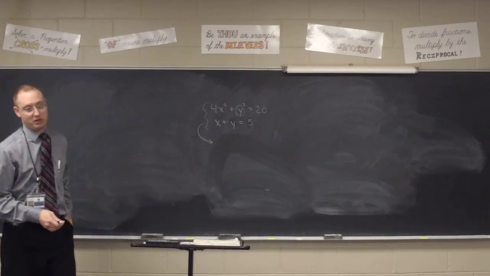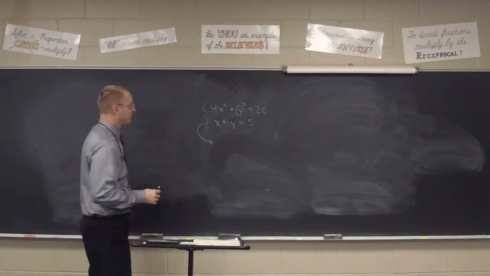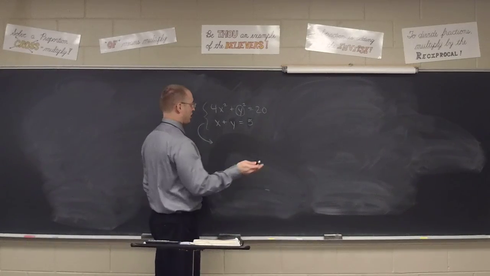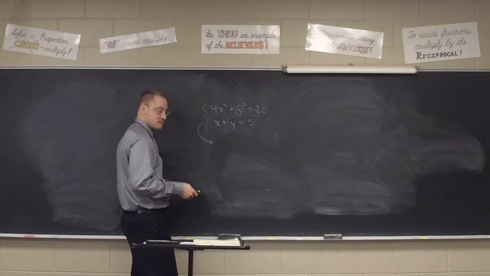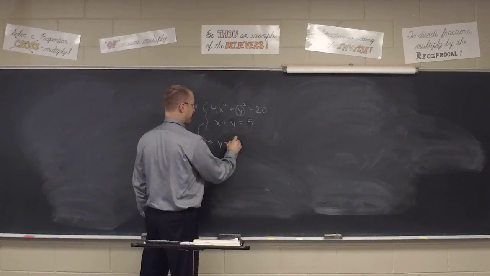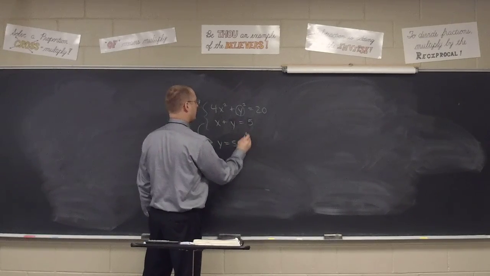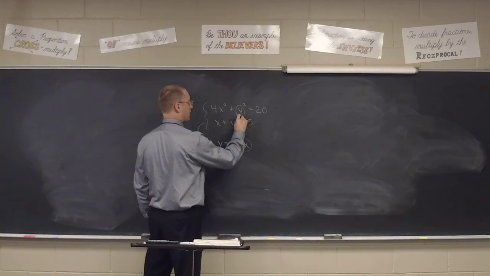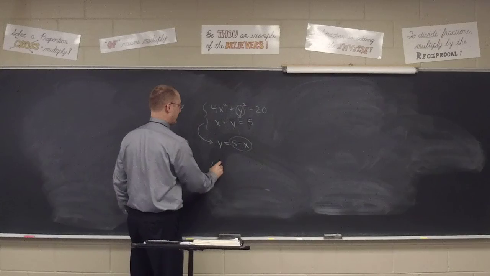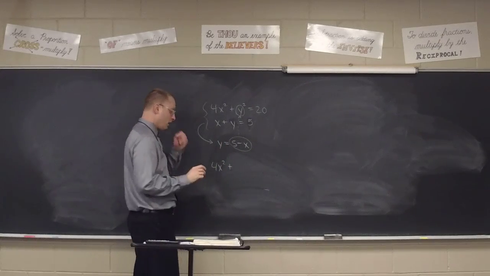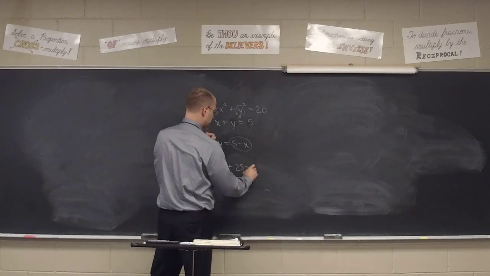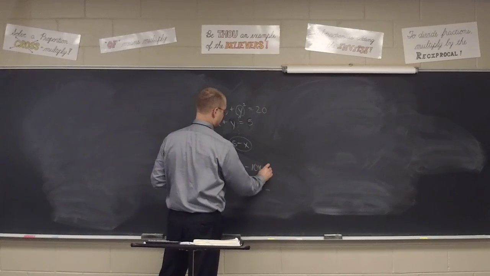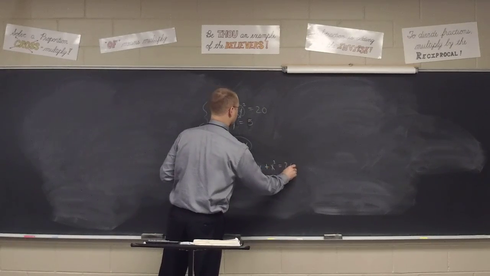Figuratively speaking, of course, we're not really in a boat. We're in a classroom. So once again, let's start by rearranging the bottom equation. y equals 5 minus x. Once again, let's plug the 5 minus x in for the y to get 4x squared plus 25 minus 10x plus x squared, all equal to 20.